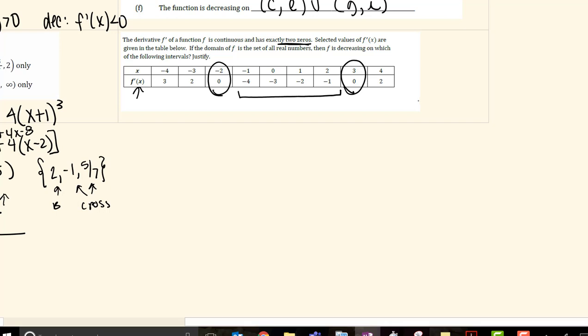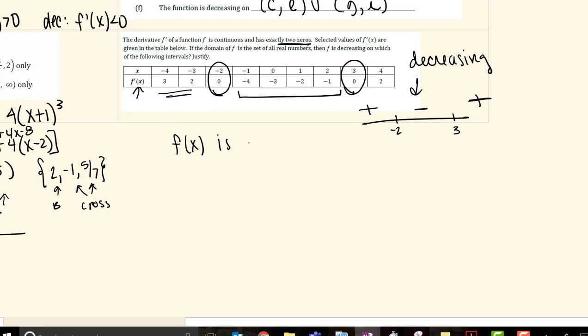What this is looking like, if I get a little visualization, is that we have a 0 at -2, a 0 at 3. It looks like we are positive slopes, negative, and then positive again, which means that we are decreasing in this interval. So right here, I'm going to say f of x is decreasing from, let's call -2 to 3.